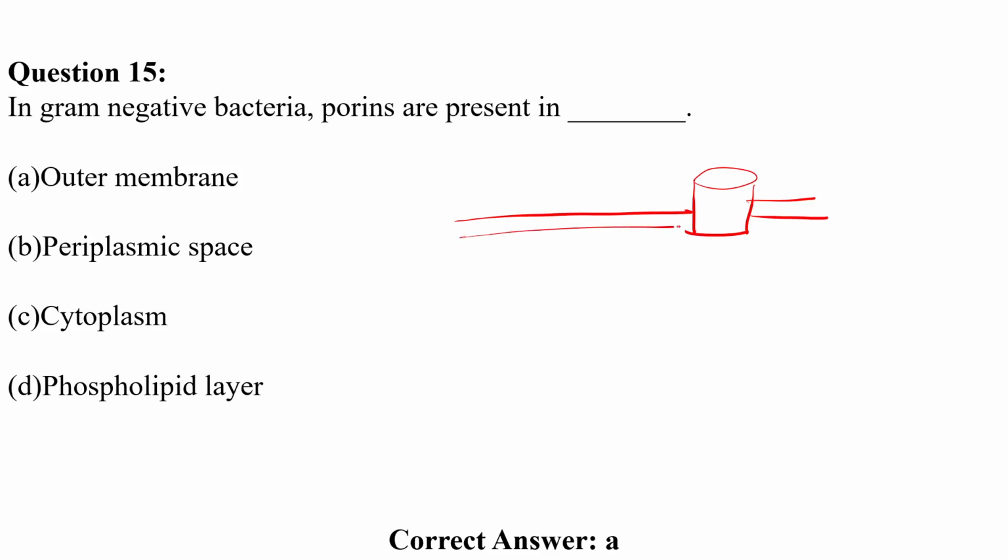So this is my membrane. These porins have the hollow center that can facilitate molecules to pass from the outside. This is the outside and this is the inside of the cell. Okay, and these are the porin proteins. These are protein channels.